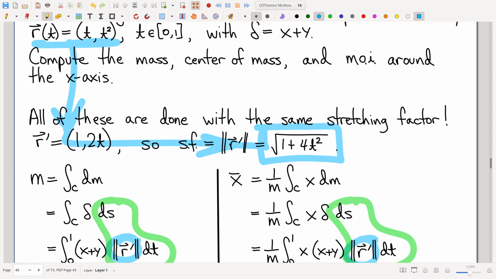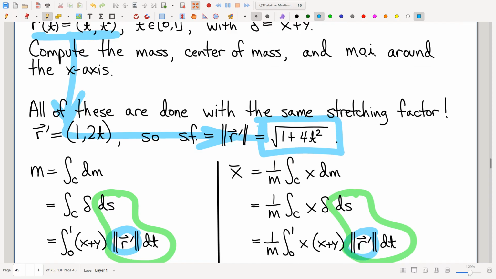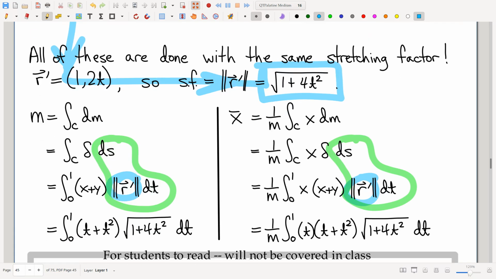There you go. And now there's a couple of different calculations we're doing here, and they are different calculations of different physical quantities, but they're over the same curve, so they have the same speed. We can use the same parameterization. So that R prime plugs in very nicely, like so. Everybody happy? This is very plug and chug.